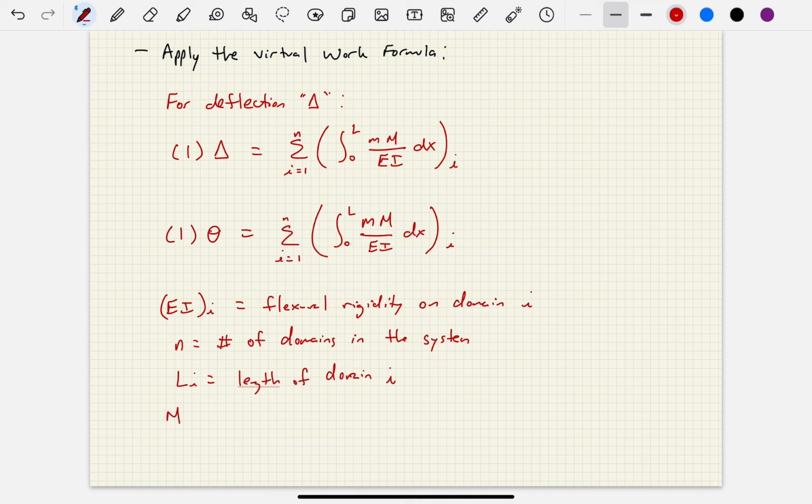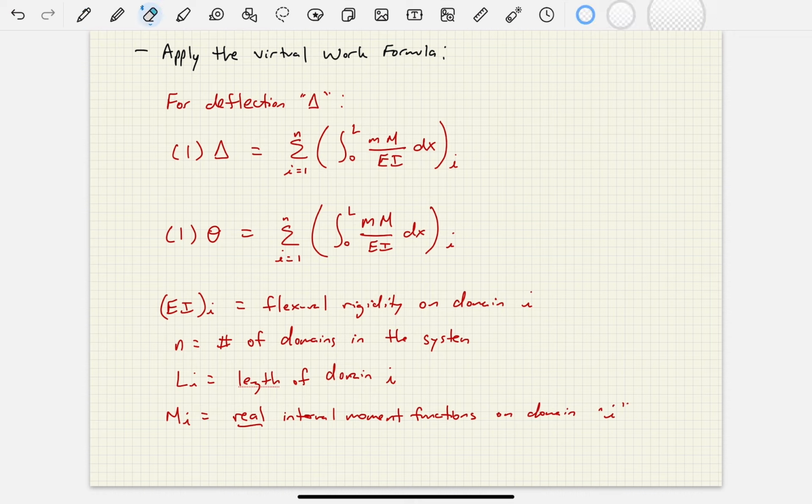And then, of course, capital M sub i are the real internal moment functions on domain i, or real internal moment function. I should probably call that singular because each domain is going to have one real internal moment function, okay?